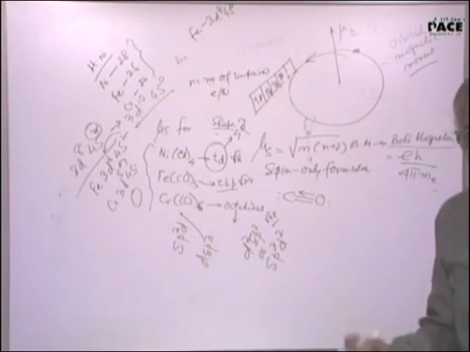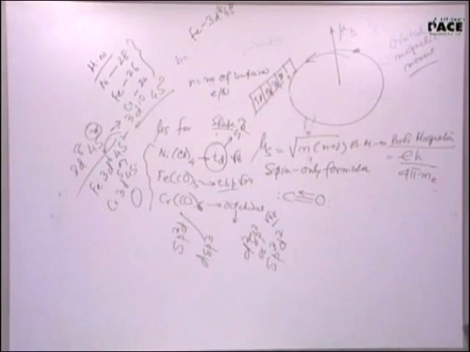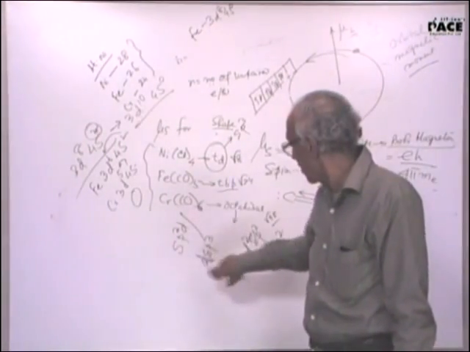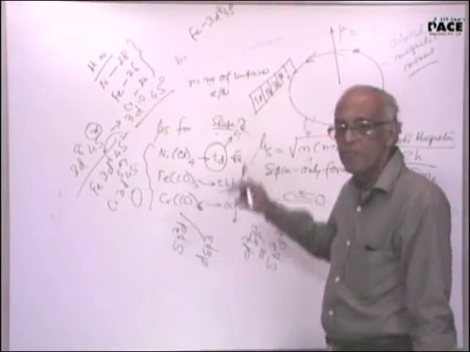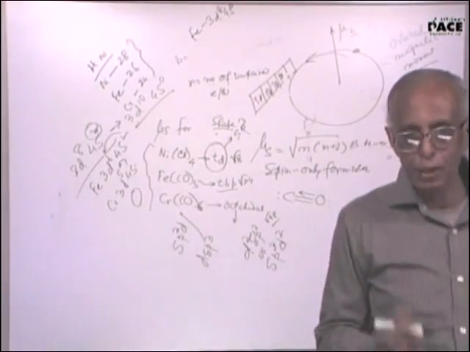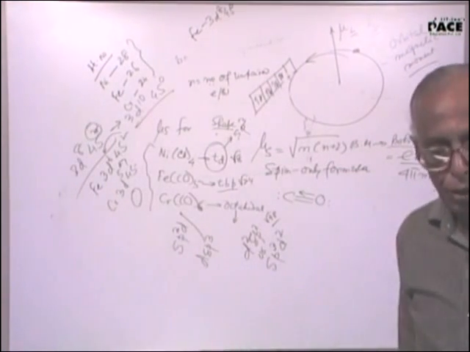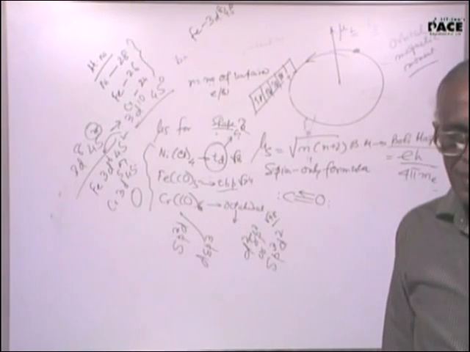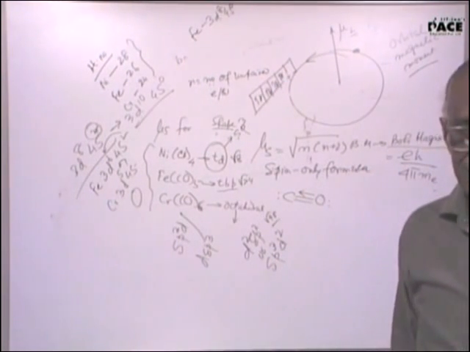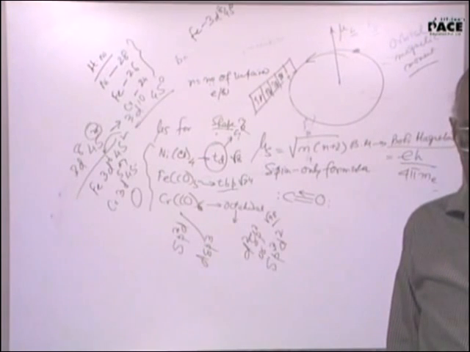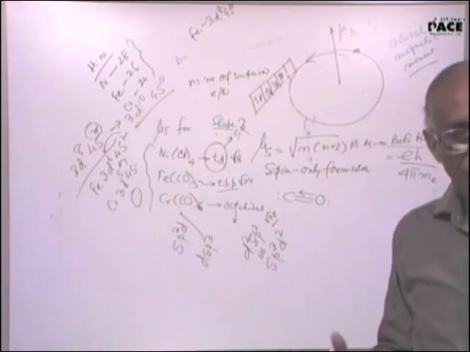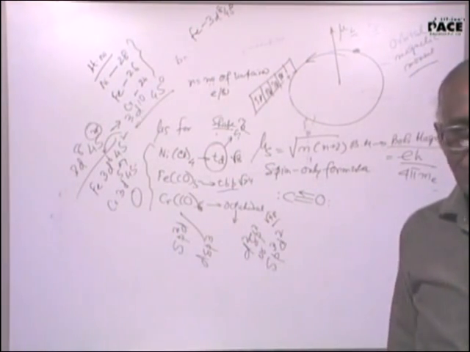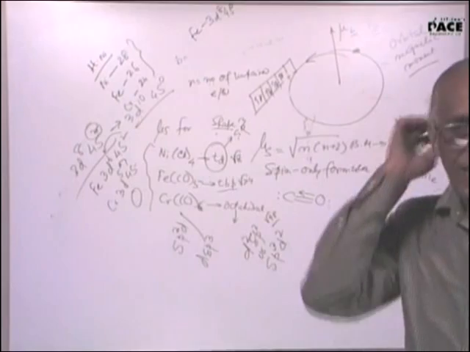Now I need a vacant d orbital. I need all these orbitals to be vacant. How can I generate sp3, a vacant s orbital, without transferring the electron from the s to d? That is the reason. I cannot explain why the experimental magnetic moment is 0, or why it is tetrahedral.